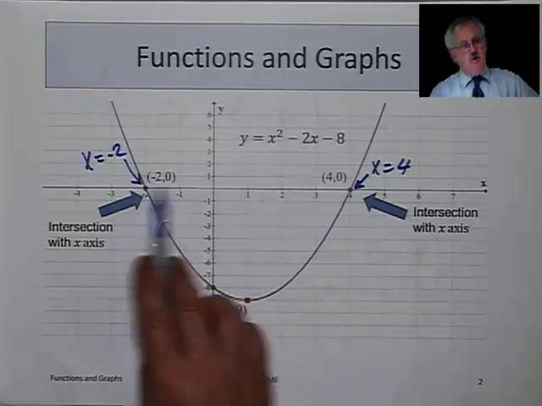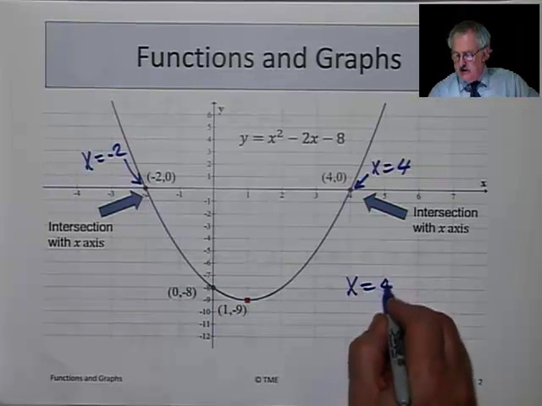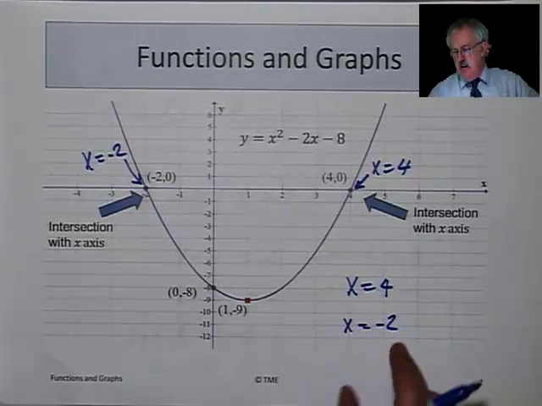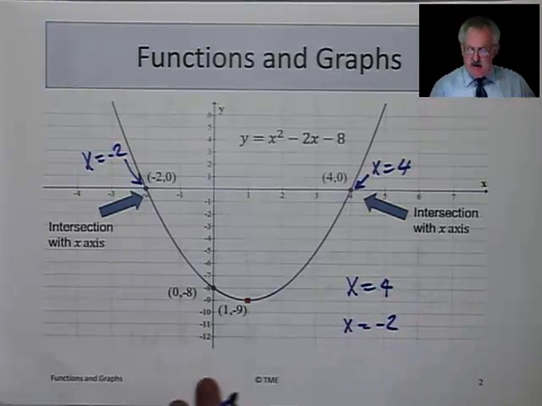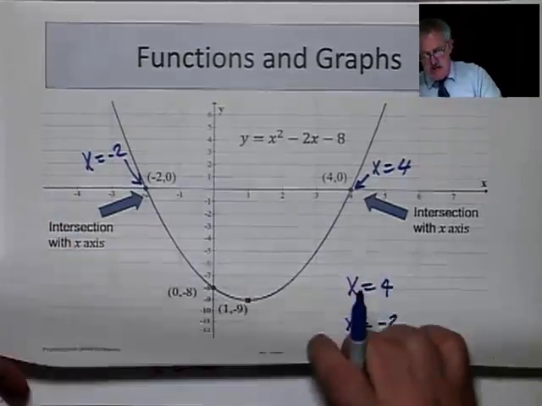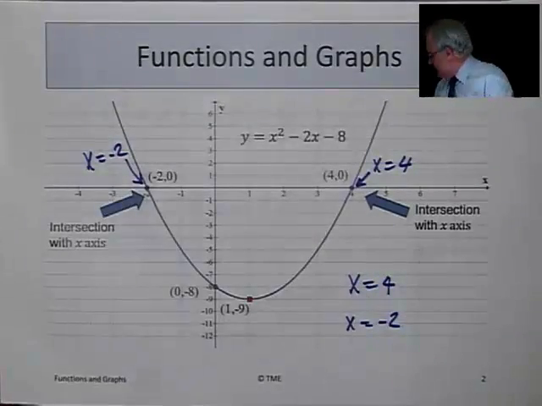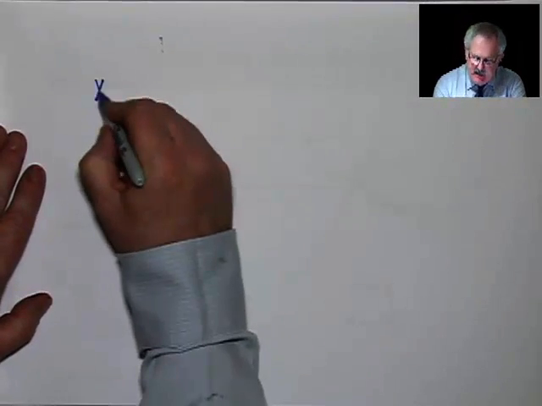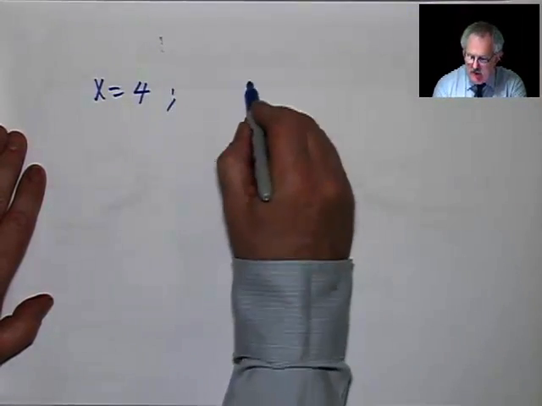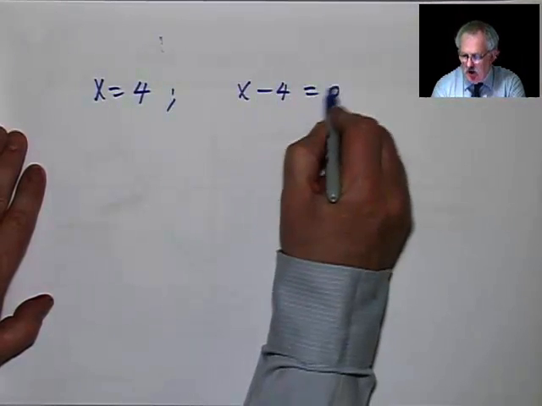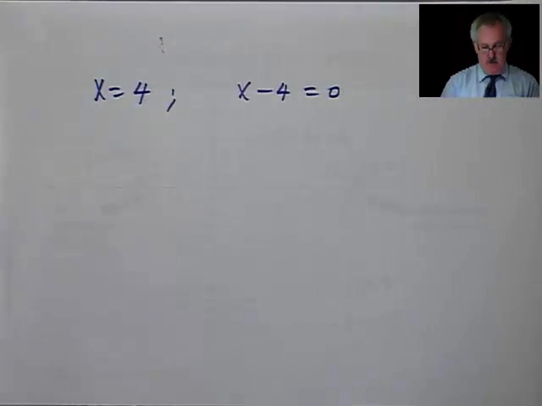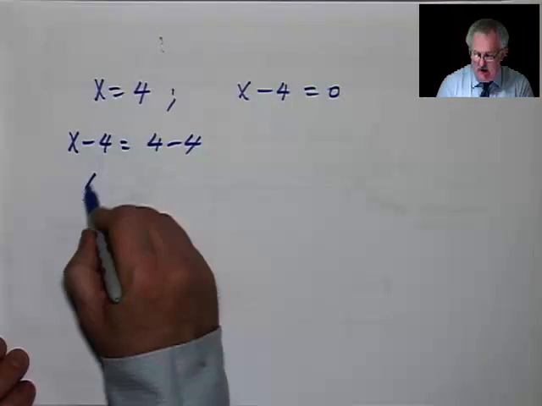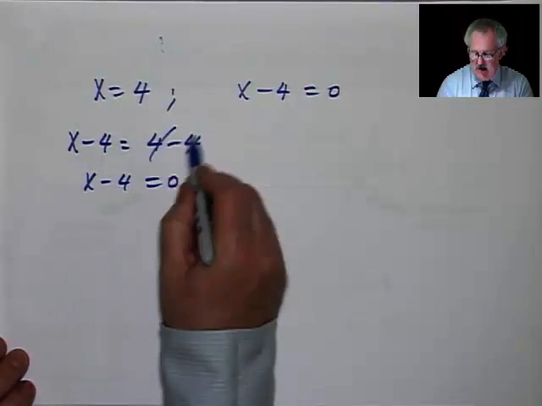They're called roots. x equals 4 is a root, and x equals minus 2 is a root. To turn that into a factor, you have to make it equal to 0. So what they say here is that if x equals 4 is a root, then x minus 4 is 0, because obviously x minus 4 is 4 minus 4, and they'd cancel.